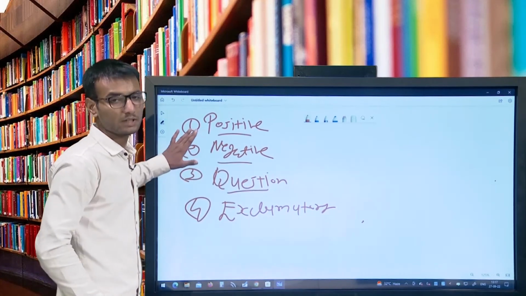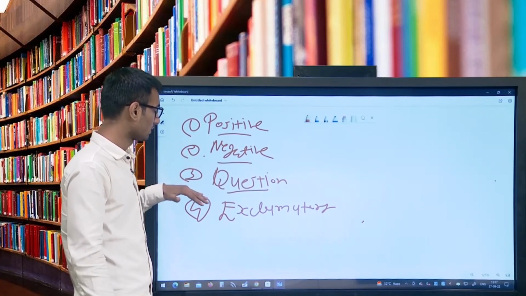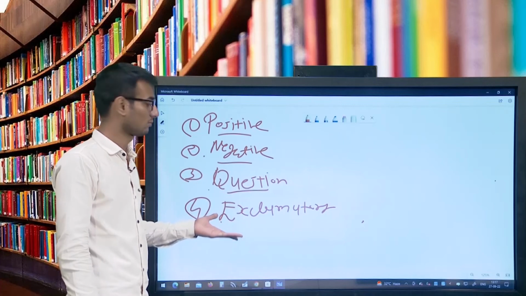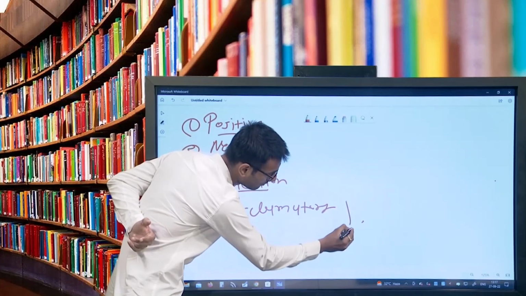One is positive, that is affirmative, second is negative, third is question, and the fourth is exclamatory.